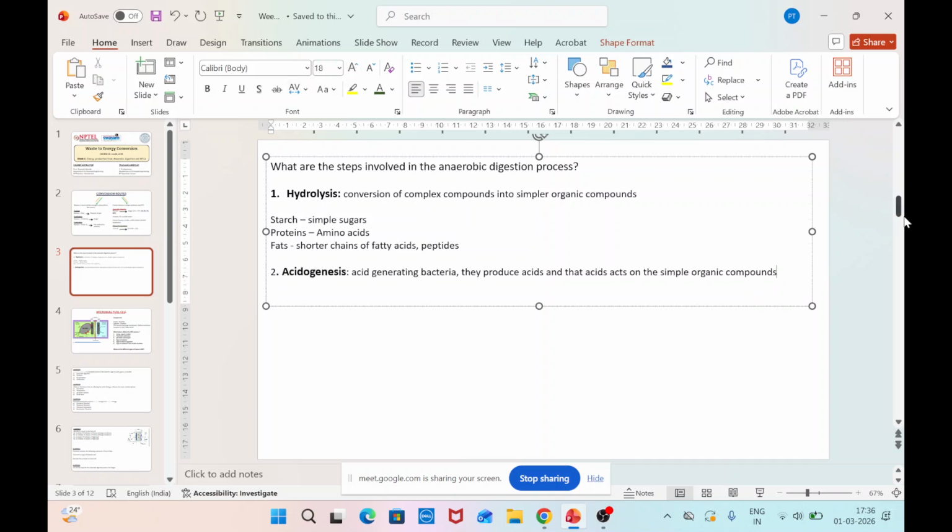Then there is a third process, which is called acetogenesis. Acetogenesis is a process where acetic acid is generated.